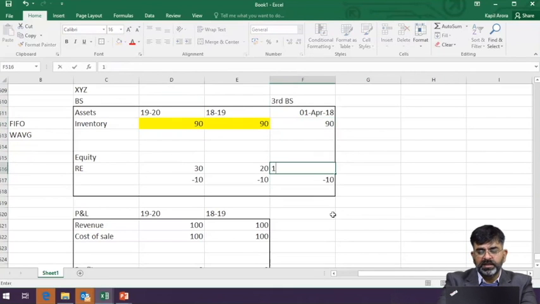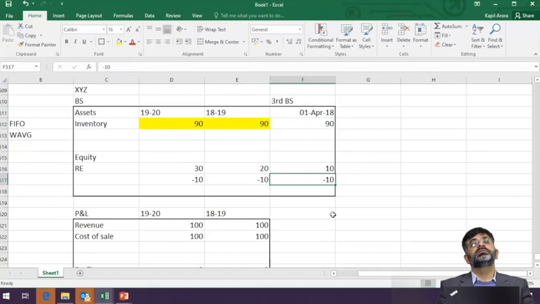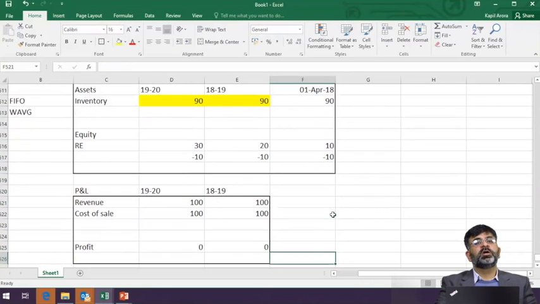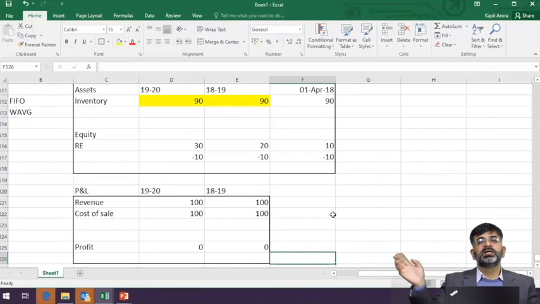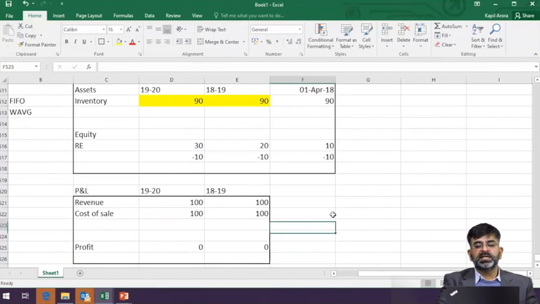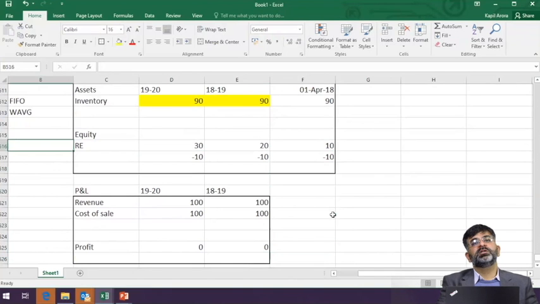So we are trying to say that this retained earnings figure, or the loss which we are getting now, is not a loss. It is coming from the previous years only. We have just changed the accounting policy, and we are just taking the impact of the accounting policy on the year.